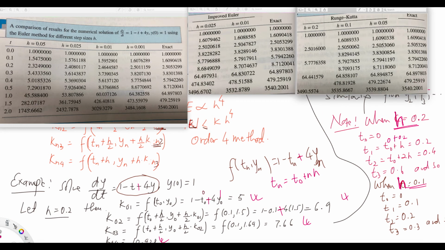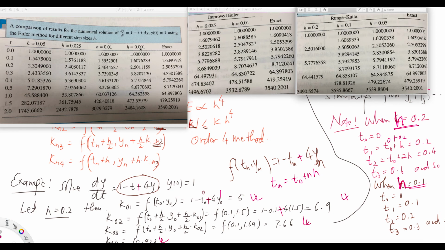So let us look at time t equals 2. When h equals 0.05, the approximated value of the solution at t equals 2 is 1745, while the exact value is 3540. It is just half, it is very far away. You see that? With Euler's method, the approximated value at t equals 2 and the exact value are very, very different when h equals 0.05.